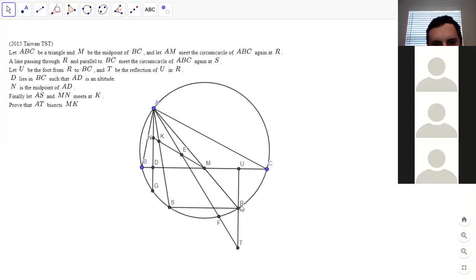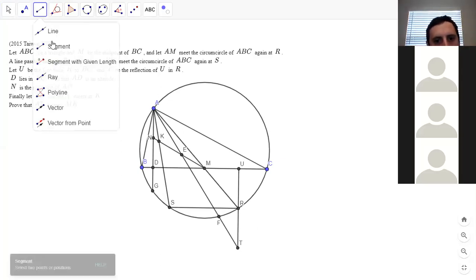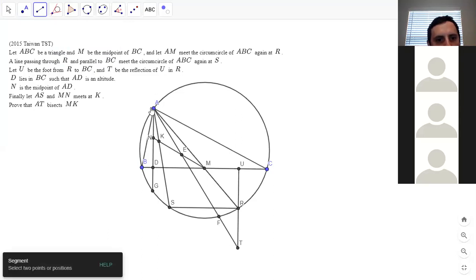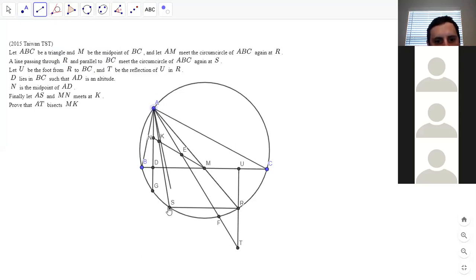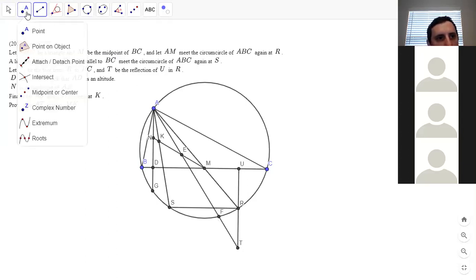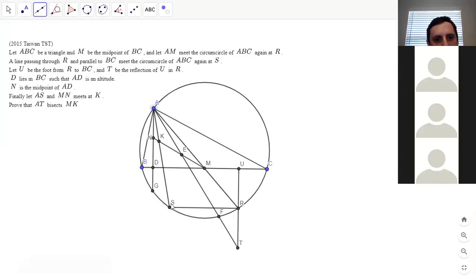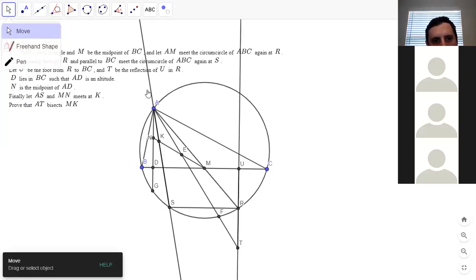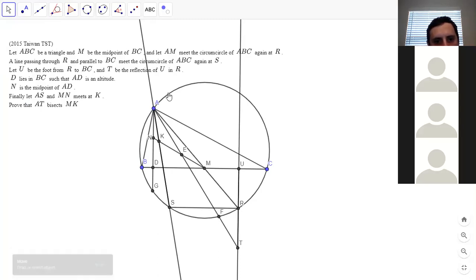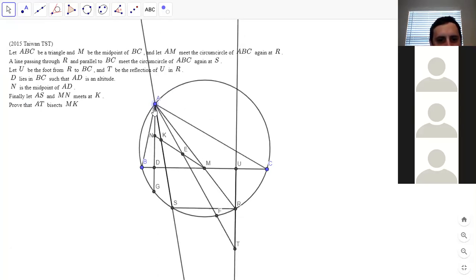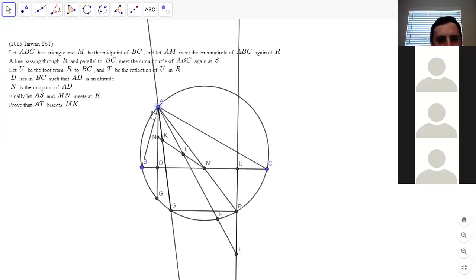Oh, you know what? Basically, let AS meet UT at a point. Let me see if I can make the diagram better. It's almost like I want R and S to... it's really hard to make AS intersect UT.